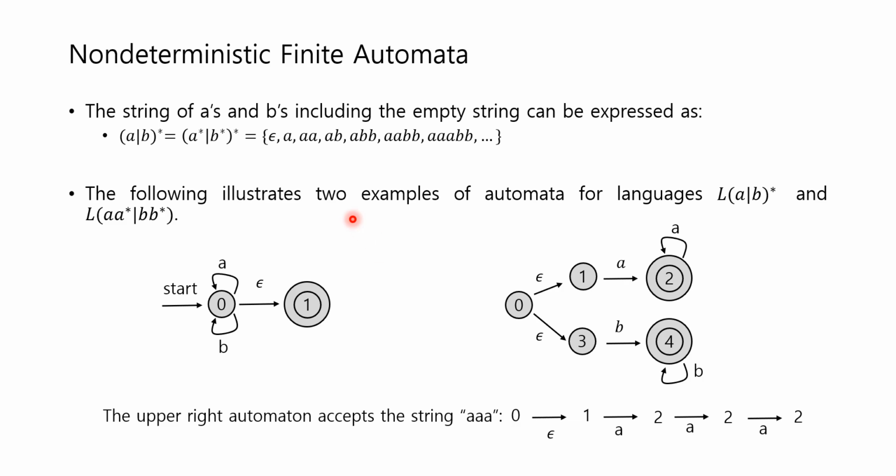There are two types of finite automata, non-deterministic finite automata and deterministic finite automata. Let's first look at the non-deterministic finite automata.